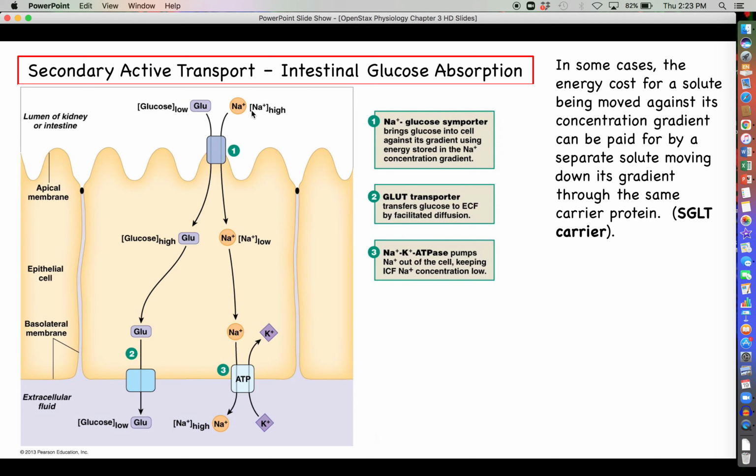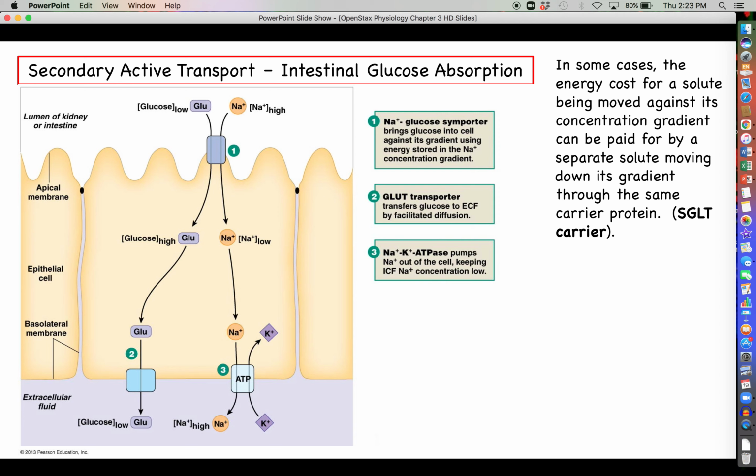Eventually, we'll get to the point where there's an equal concentration of sodium inside and outside the cell. And if we do that, guess what we're not going to be able to do anymore? We are not going to be able to transport any more glucose. So we can only bring glucose across the apical membrane if we have a concentration gradient for sodium.